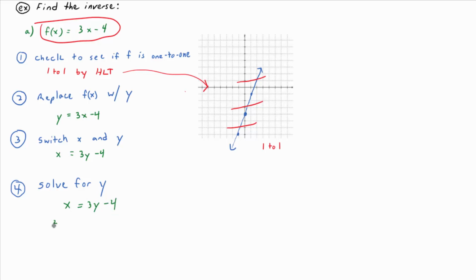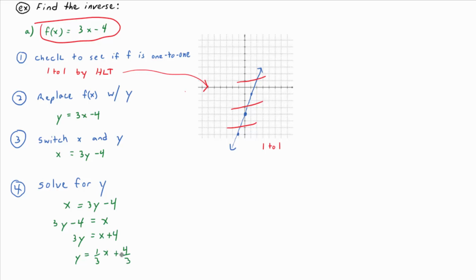If you like, you could put the variable that you're solving for on the left side: 3y minus 4 equals x. So what do we do? Add 4 to both sides, get 3y is equal to x plus 4. Divide both sides by 3, or multiply by 1/3 might be a better way to think about it. So how about 1/3 x plus 4/3? 1/3 times 4 is 4/3.